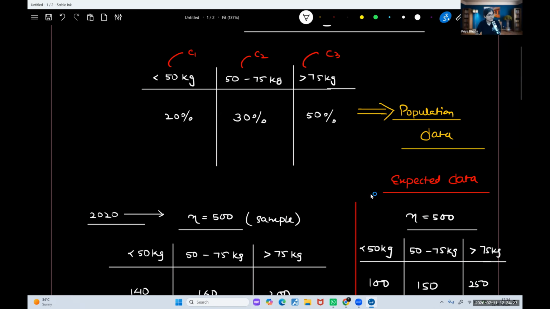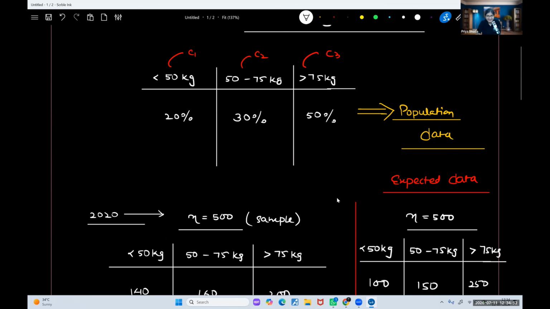It could be the case that when you are solving a problem of chi-square test, you will be having multiple rows also. For example, right now, we just have one row because our main focus is to get the percentage of population data in terms of weights. But it could be the case that you're dealing with multiple parameters, maybe weight, height, and so on.